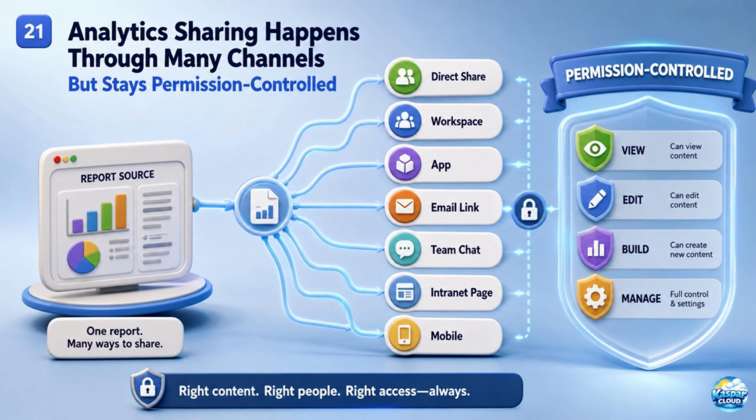Some users may only view and interact with reports, while others may edit content, reshare reports, build new reports from semantic models, or manage permissions. This security and permission model is important because analytic solutions must balance accessibility with governance and control. Power BI is designed to support collaboration while protecting sensitive business data and limiting unnecessary access.